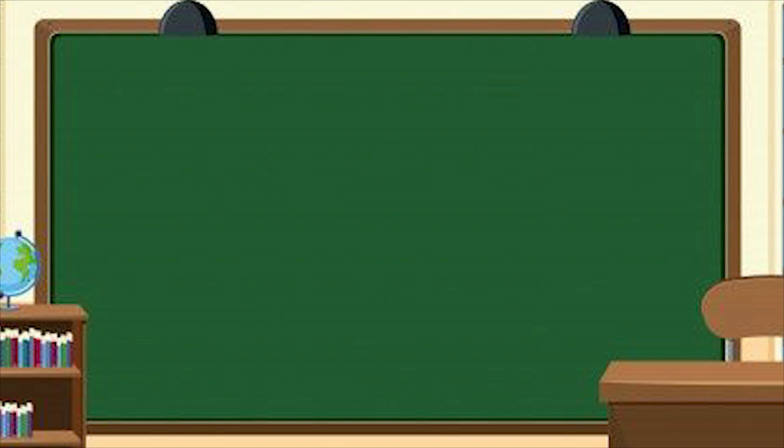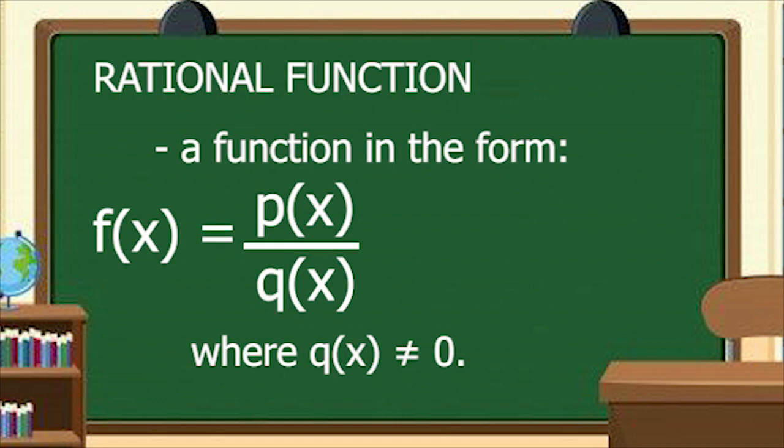Earlier, we defined rational function as a function in the form f of x equals p of x over q of x, where p of x and q of x are polynomials and q of x is not equal to 0. Another way to identify a rational function is if it involves a rational expression, two variables, the f of x and the x, and it also has an equal sign.